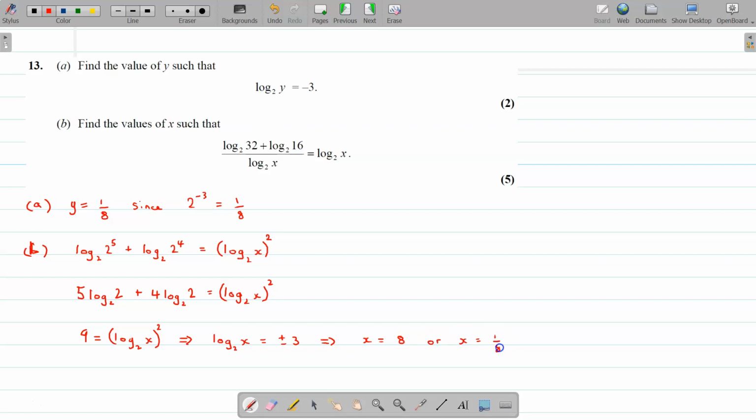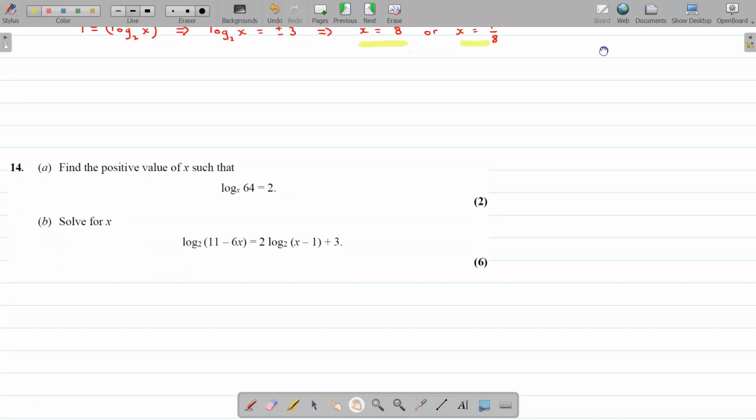Because if x is 3, 2 to the power 3 is 8, and if x is minus 3, 2 to the power minus 3 is 1/8, which we've already considered up here. So they are the two solutions that arise from that equation. There are other ways you can do this, but I think that's the best approach for that particular question.